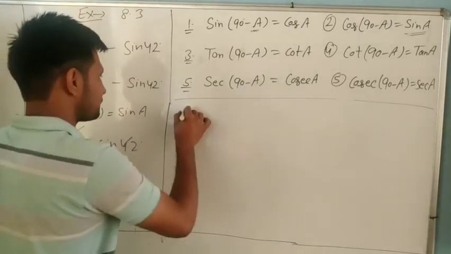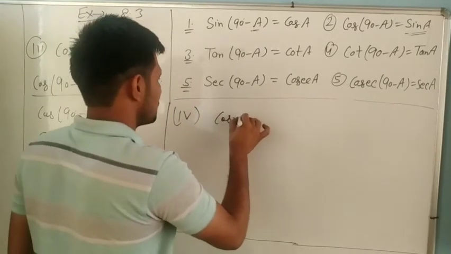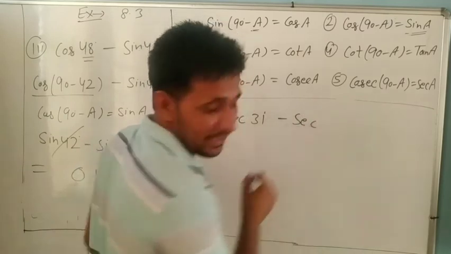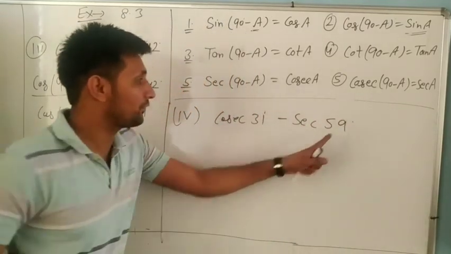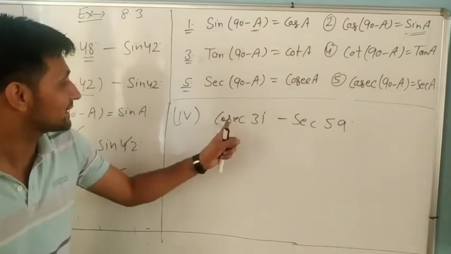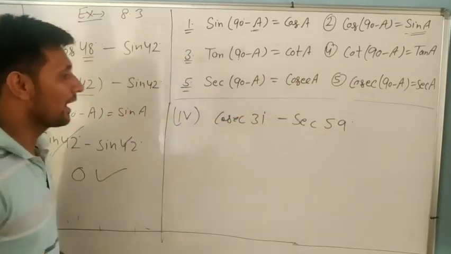Fourth part. Again, cosec 31 degree minus sec 59. Again check it: 59 plus 31 is 90. Sec changes to cosec, cosec changes to sec. Any one you can write.